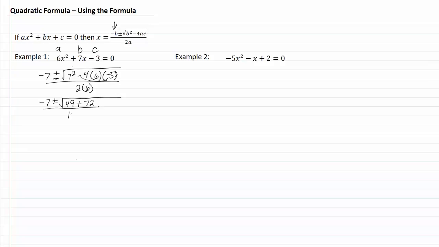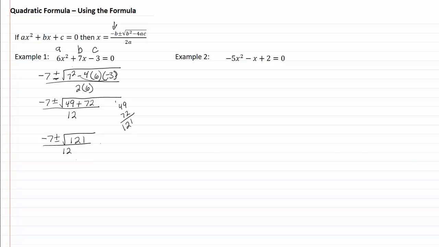All over 2 times 6, which is 12. Well, 49 and 72 is going to give me 121. So I get negative 7 plus or minus the square root of 121 all over 12.